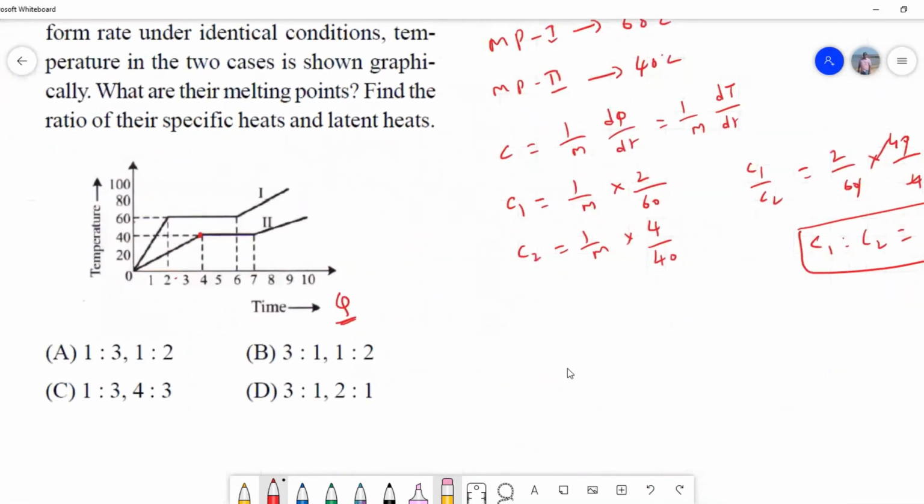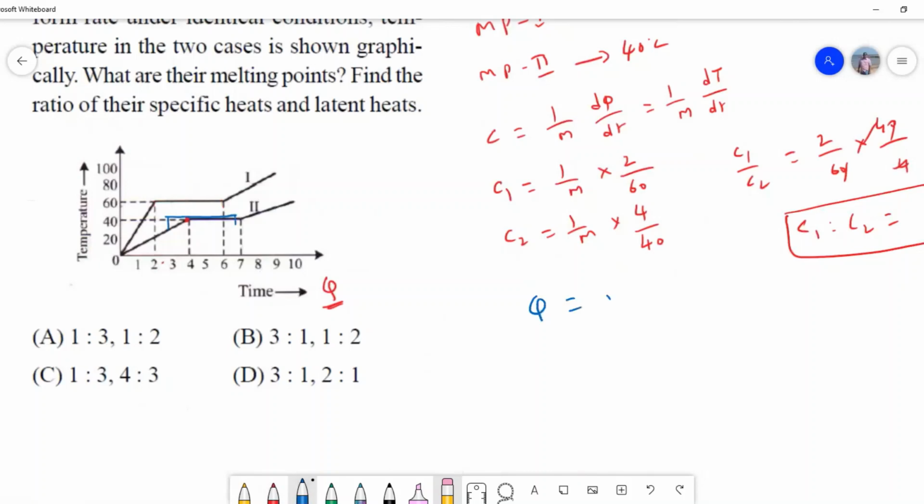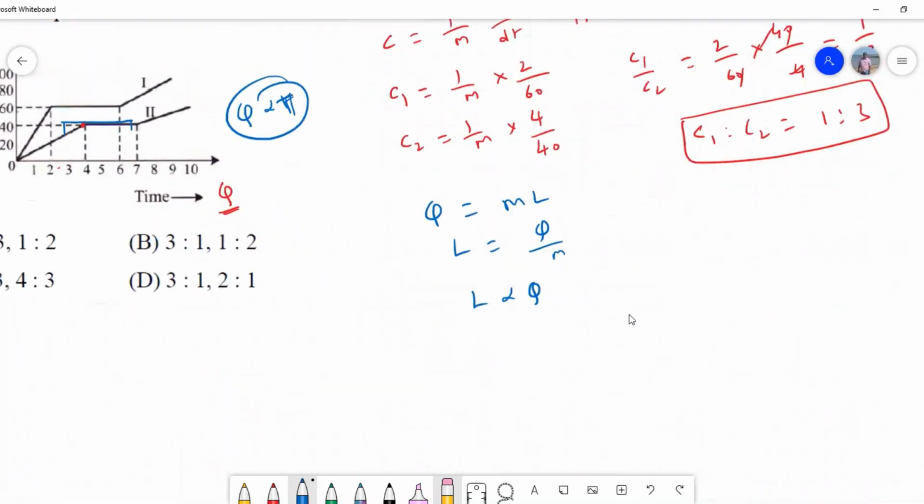Now he's asking for the ratio of latent heats. So this is the latent heat. Nothing but Q is equal to mL, L is equal to Q by m. m is constant, so L is proportional to Q. I said energy is proportional to time. So let us take the time.